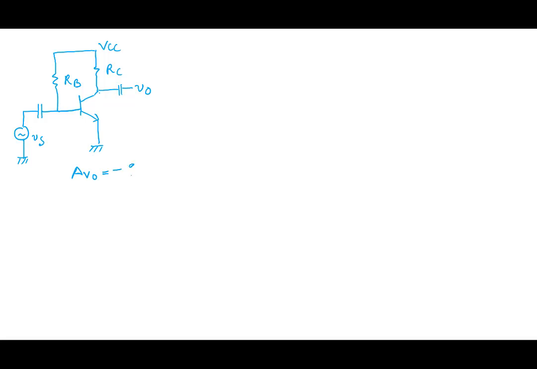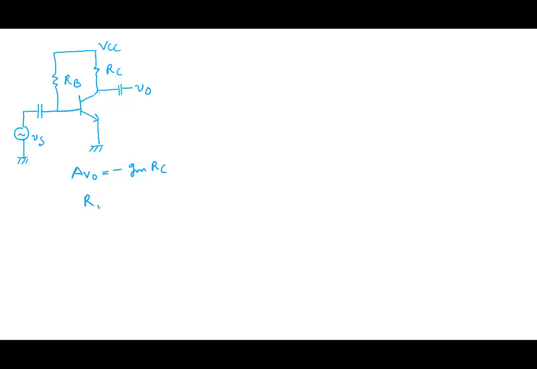So last lecture we were looking at this circuit, the common emitter amplifier circuit. All right, so this was the circuit, and we saw that the open circuit voltage gain AV0 was minus GMRC.